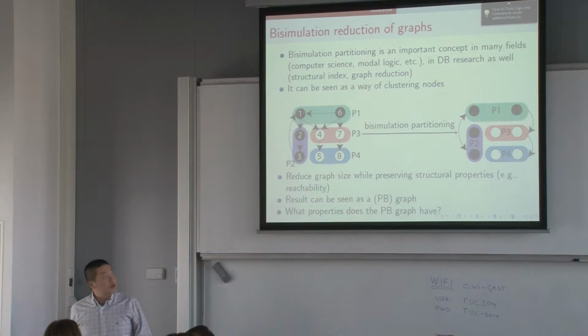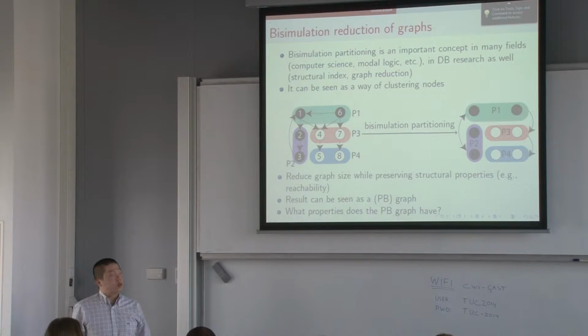While doing this, we still preserve some kind of structural information of the graph. For example, reachability. If we want to query whether there is an edge between node 6 and node 8, from the abstract graph, the bisimulation graph, we see that there is no direct edge between these 2 partitions.